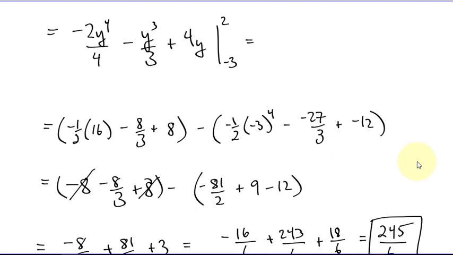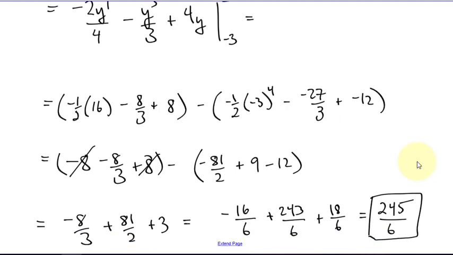As I plug in the bounds and go carefully with all those pluses and minuses and simplify, I get down to 245 over 6, a positive value. So now the line integral on a different path comes out to a different answer.